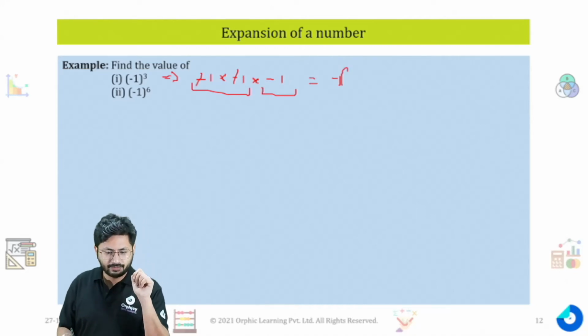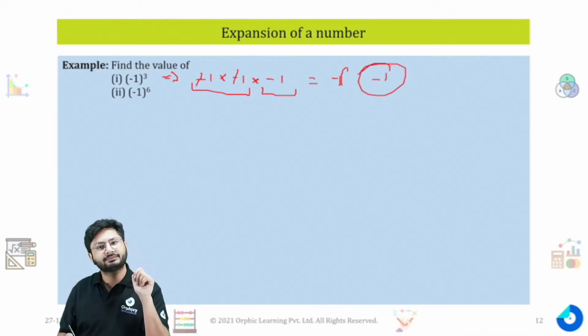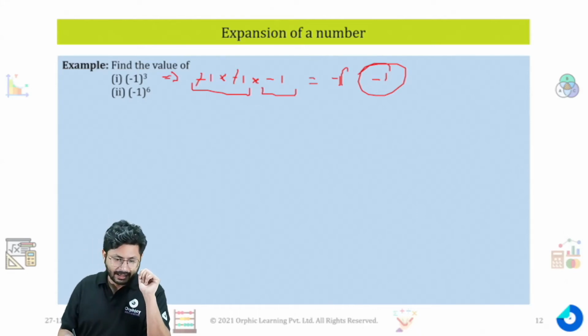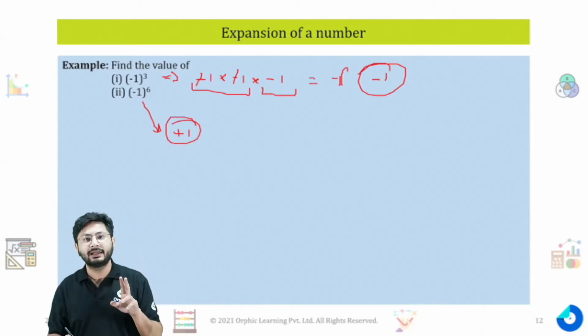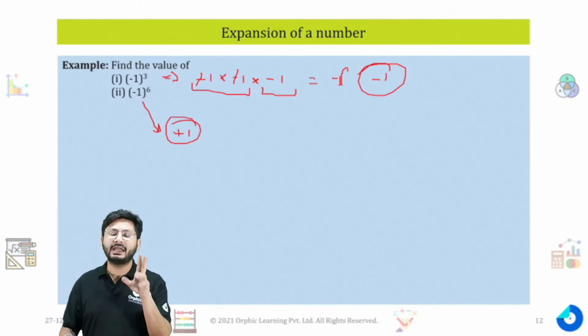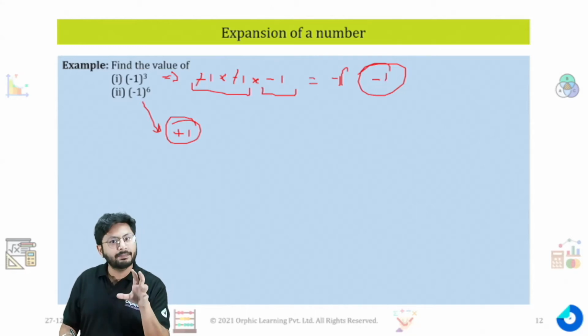But what if -1 to the power 6? It will become equal to +1. Just remember what I said earlier, that on a negative number, if an even power is raised, the negative sign vanishes. If it is an odd power then the negative sign remains as it is.